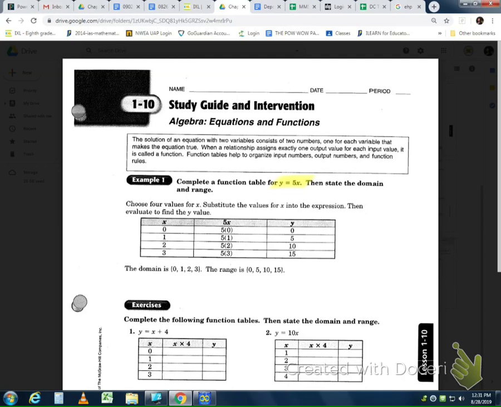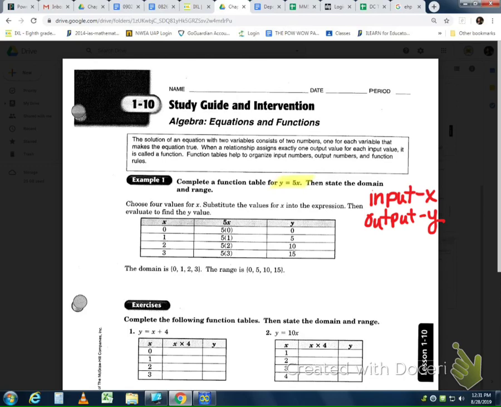Off to the side, write this down: the input is the x. The output is the y.